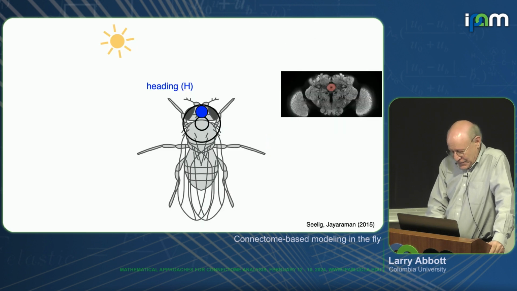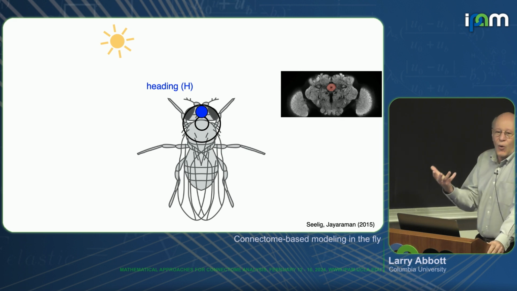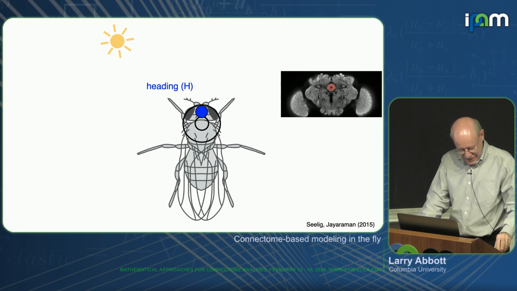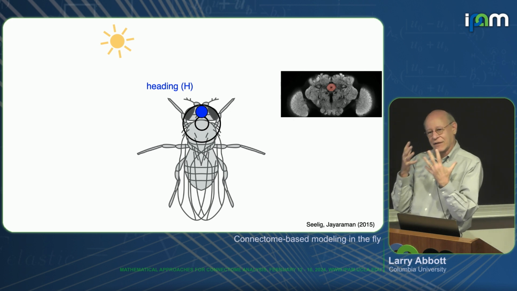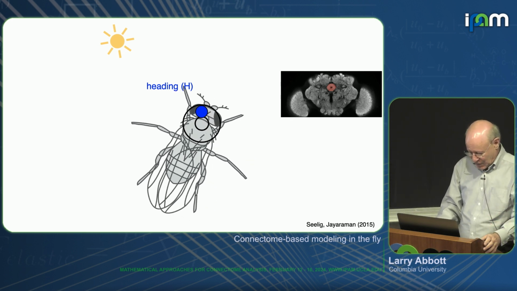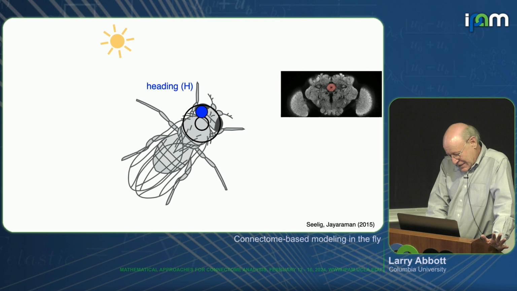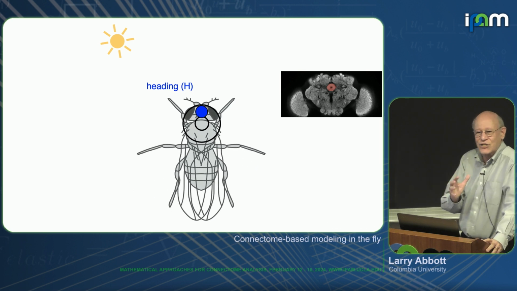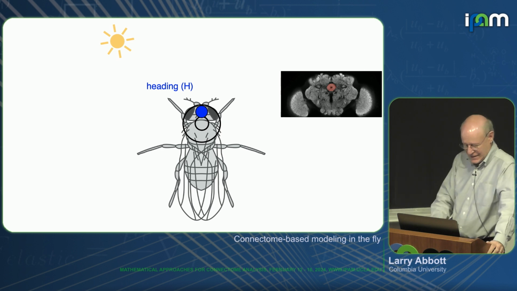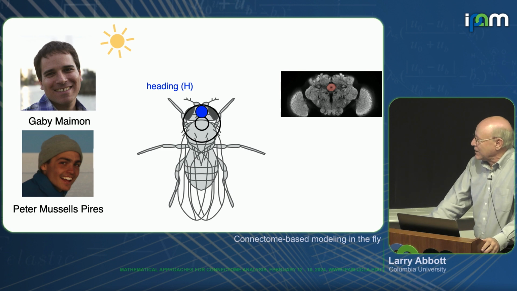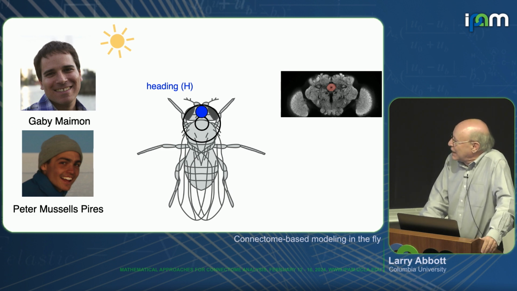Okay, so what we want to do to get a motor output is we need a goal. The fly has its heading signal, but if we want to look at turning towards a goal, we have to have the goal. So this is a representation of what the heading signal looks like. When the fly turns, it turns inside the head of the fly. But this is work done, again, with Gabby Mayman and Peter Muscles-Pires.